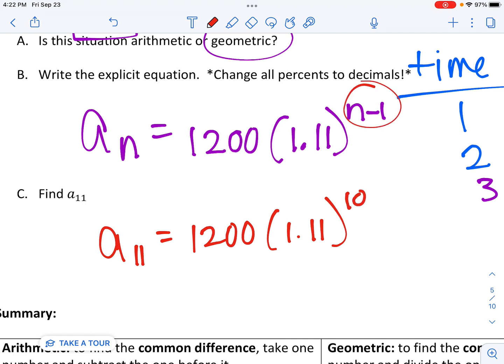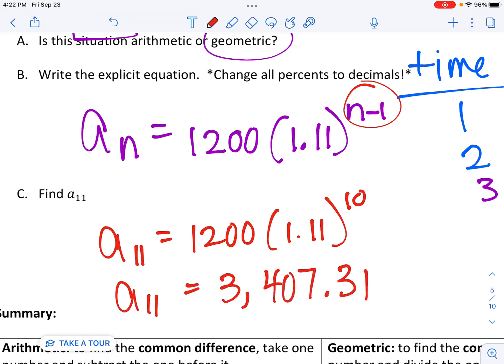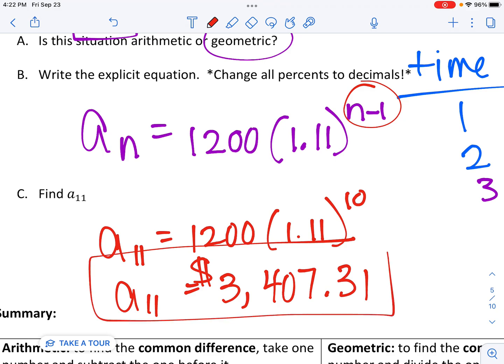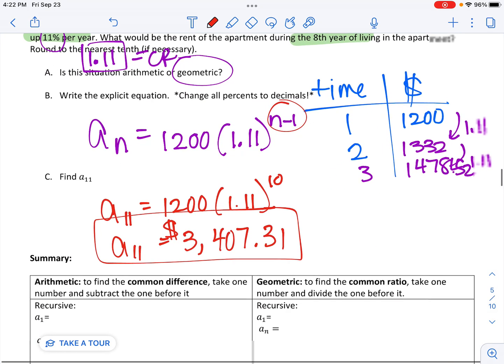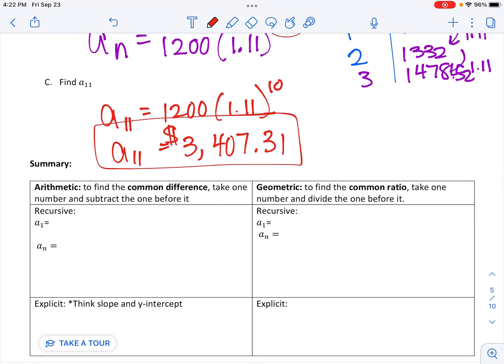And so if you type that in, you would get, ooh, rent's expensive then. You'd be paying $3,407 a month, which is super pricey. So you'd probably leave.